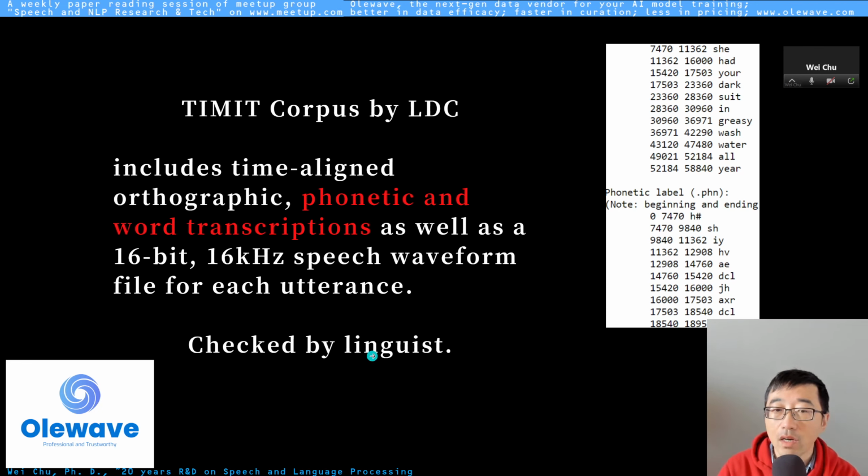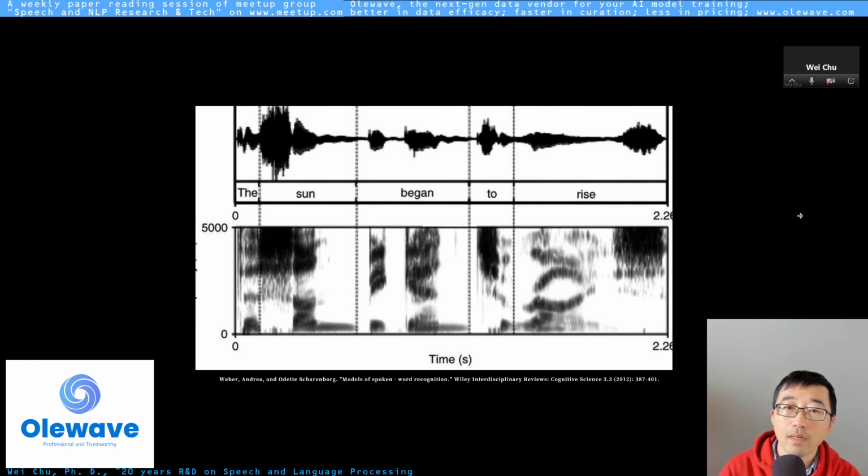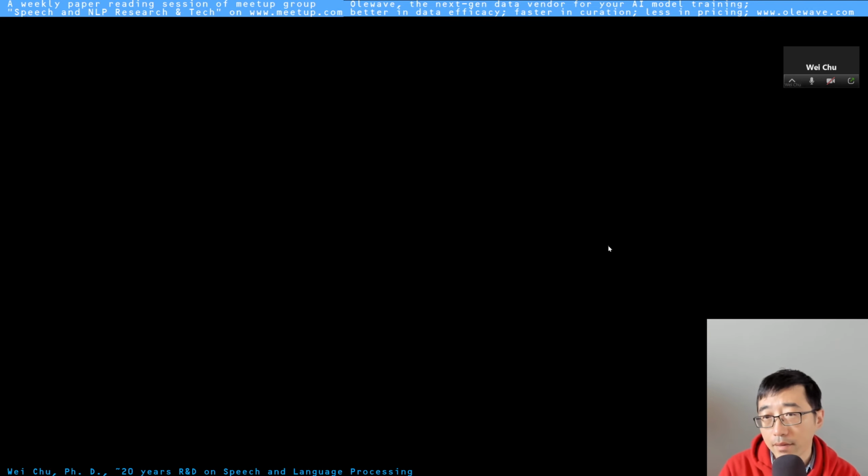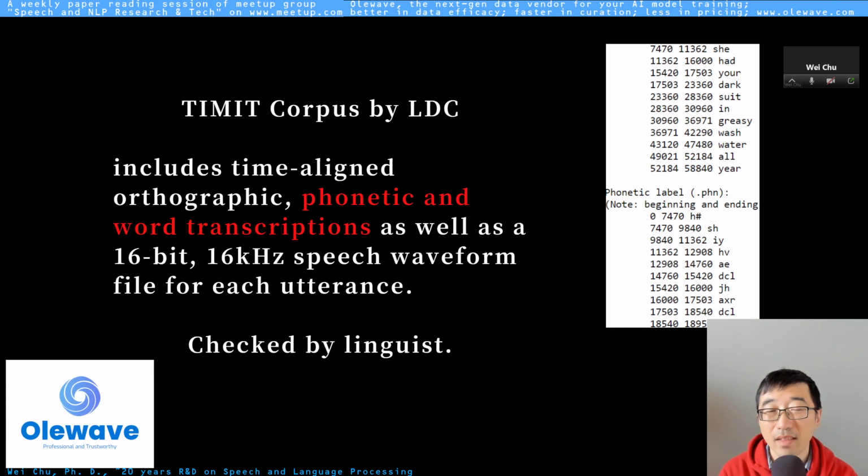So they have linguists come in, look at the audio and also check the spectrogram, and make alterations to the boundaries of the phones, the words, etc. You may ask, are there other databases like TIMIT? As far as I know, TIMIT is the only database, and it is only for US English. If you know any other phonetic label database, especially one that contains word boundaries and phonetic boundaries, please comment in the comment section to let our readers know too.